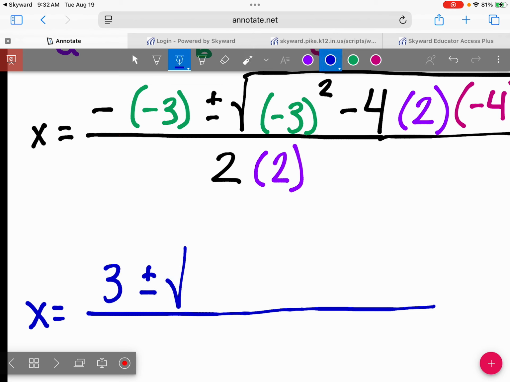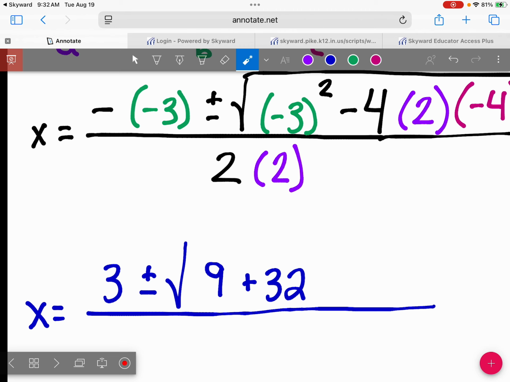Plus or minus our square root. Negative 3 squared. 9. Minus 4 times 2 times minus 4. Positive 32. Be careful on those signs. If you think about this as negative 4 times negative 4, we'll get a plus 32.